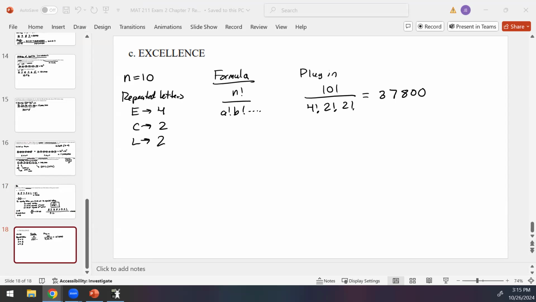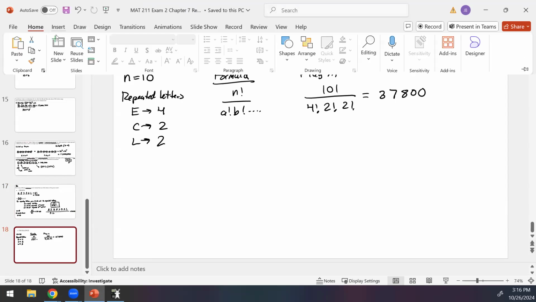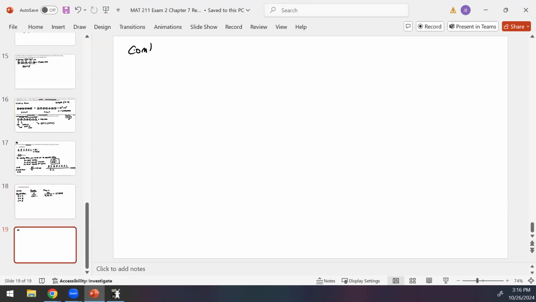So that looks like it covers pretty much all the permutation type problems. Now we're going to look into combinations, and that's pretty much the last thing. When you're talking about combinations, we mean no order.